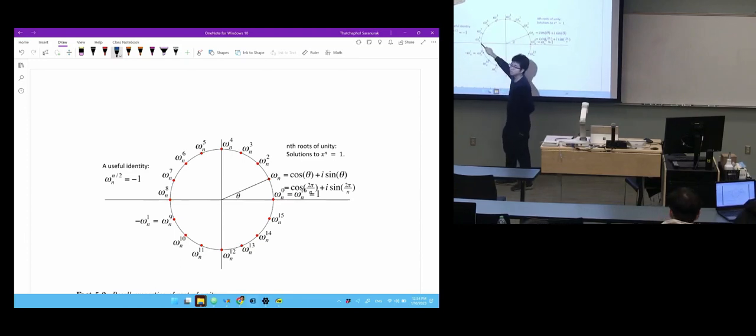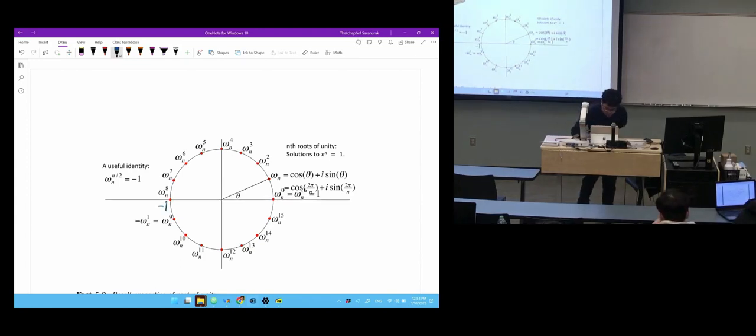So this is just minus 1 here. This is 1. This is 0. So omega n to the n over 4 is you have a quarter of the way. So this is i. This is minus i. Anyway, this is just what a root of unity is. Okay.